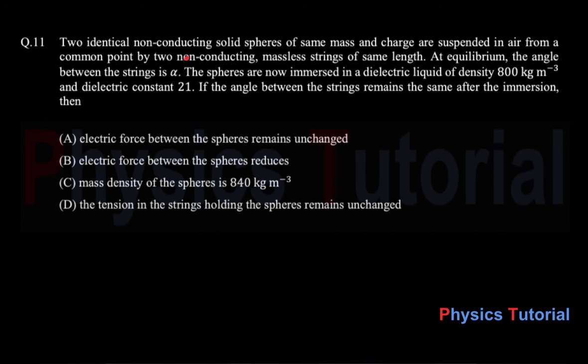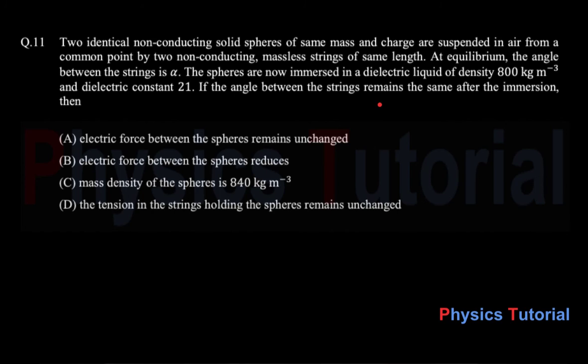Two identical non-conducting solid spheres of same mass and charge are suspended in air from a common point by two non-conducting massless strings of same length. At equilibrium, the angle between the strings is alpha. The spheres are now immersed in a dielectric liquid of density 800 kg per meter cube and dielectric constant 21.